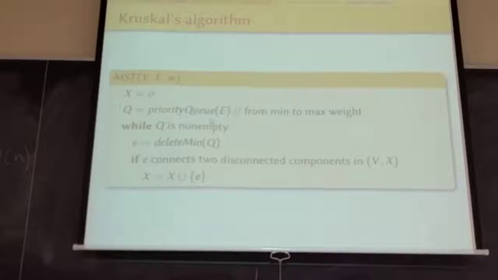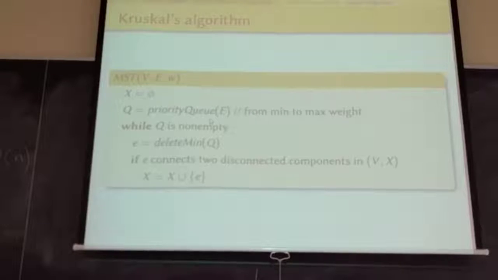So you want something that answers this question of what set the element belongs to very quickly. Of course, you could do this in linear time and so on, right? Because you can just look through all the sets that you have and search through them, and there are only a linear number of elements across all of those sets. So you'll definitely find the answer in linear time, but the question is, can you do it faster? And there are techniques for doing it in log n time and also essentially constant time.